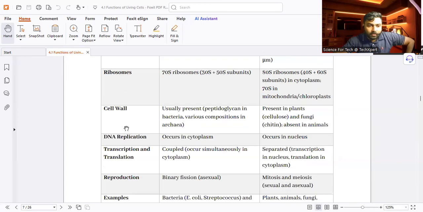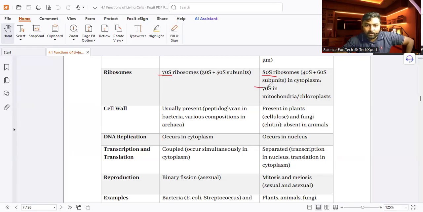Then ribosomes. I told you we can see ribosomes in both types of cells, because ribosomes don't have a membrane. But there is a small structural difference. Prokaryotic cells have 70S ribosomes, but eukaryotic cells have 80S ribosomes.